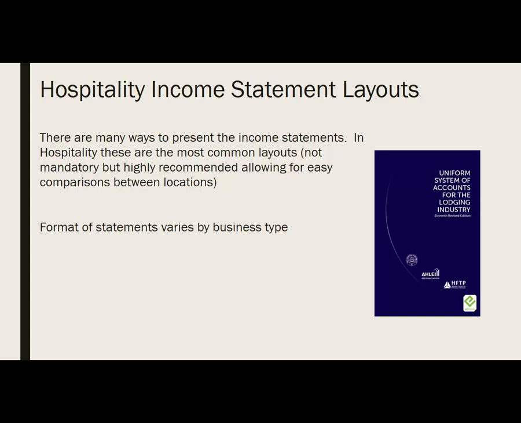It's not mandatory, but really what you can do at that point is you can compare between locations, between your own locations, between your competitors, because a lot of hospitality companies use this layout. You can also compare it to industry standards.